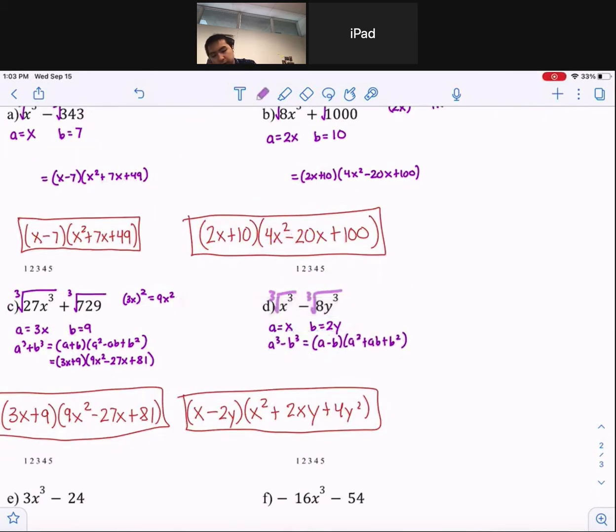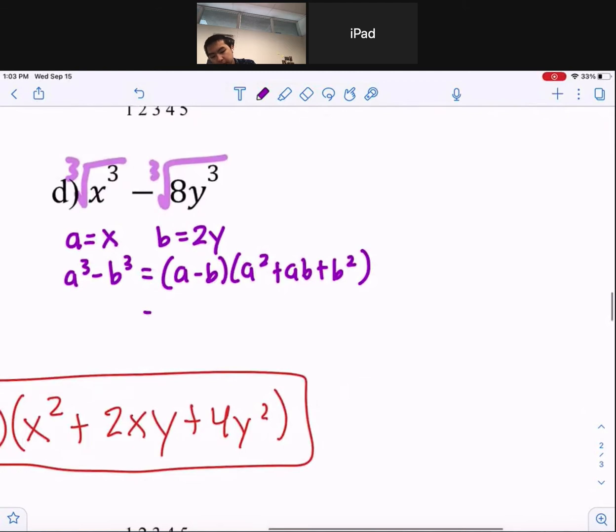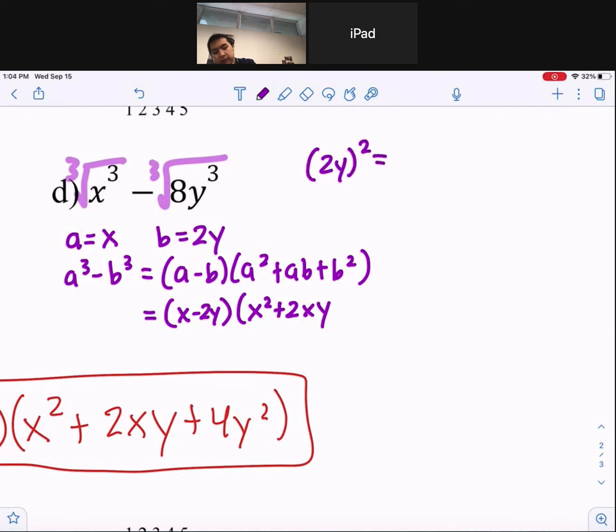Again, you have to remember these formulas, right? Our a minus b is x minus 2y. Our a squared is x to the second power. A times b is x times 2y, for 2xy. Our b squared is 2y to the second, which is 4y squared. Okay, just plugging it in.